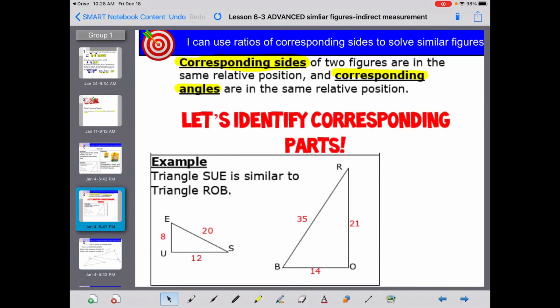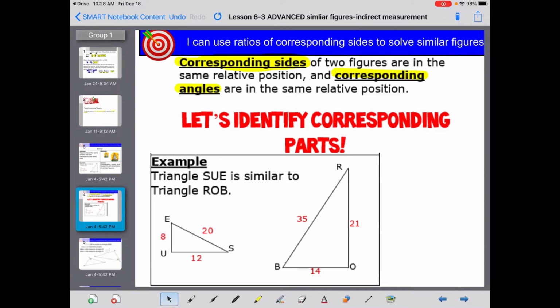There's also corresponding parts. Corresponding really means in the same location. So for example, my right arm is in the same relative position on my body as your right arm is on your body. The same thing is true with my nose and your nose.